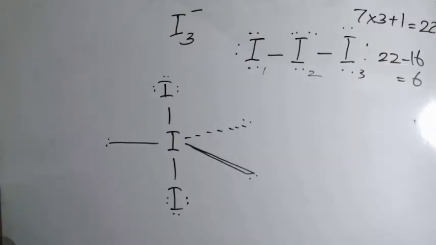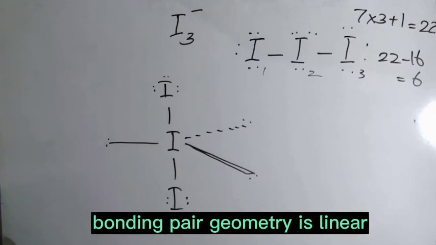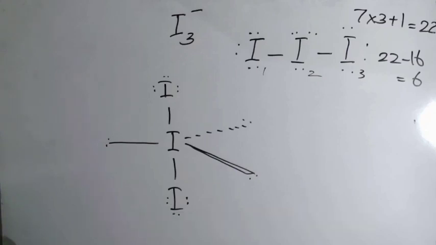Now let us look at the geometry of this triiodide. We can divide the geometry into two parts. First, bonding geometry. Second, electron pair geometry. When we come to the bonding pair geometry, it should be linear, because you can see three iodine atoms are in a straight line.